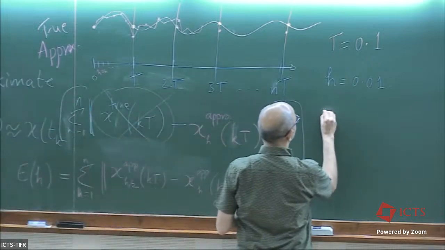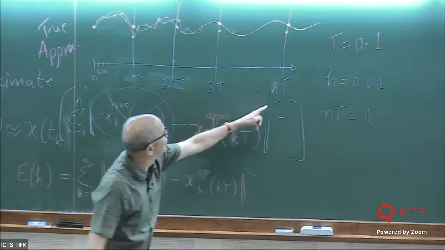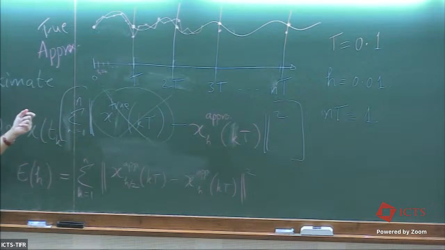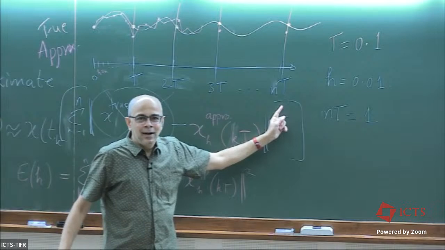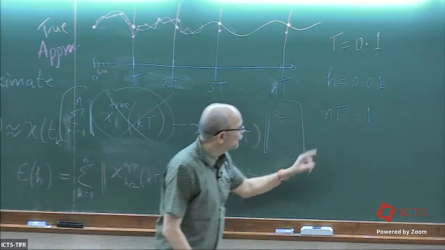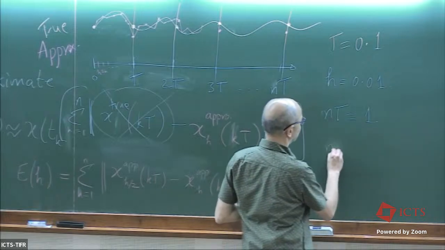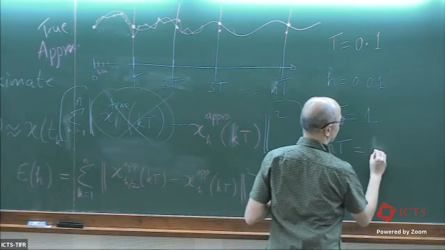And let's say nt is equal to 1. So there will be a total of 10. I'm not sure why I'm using 10 everywhere, but anyway. So you go up to time 1. Actually, we could try time 1 first, but to be more ambitious, you could go for a slightly longer time, let's say something like 5.